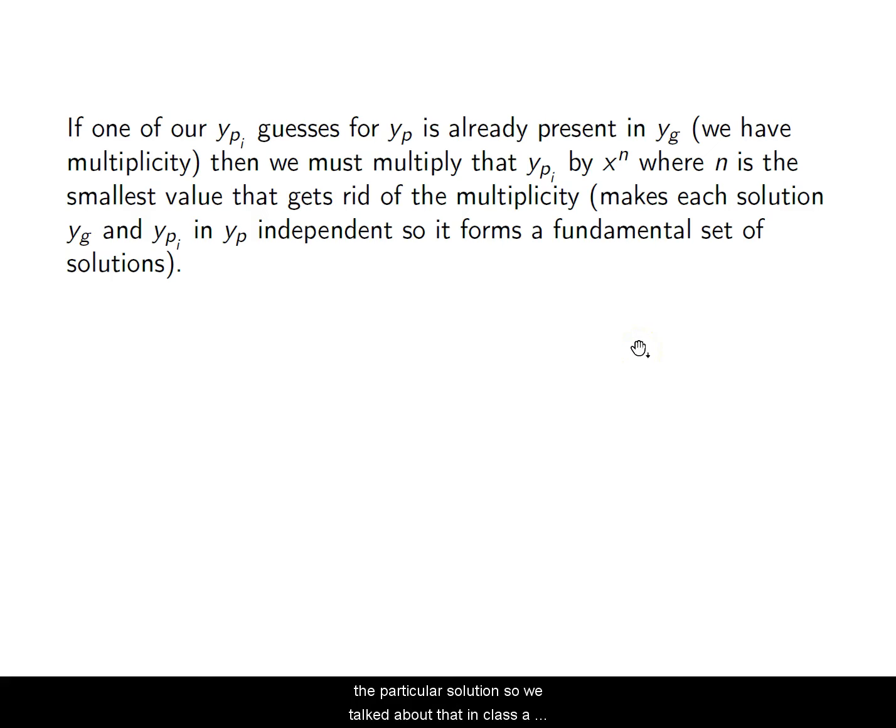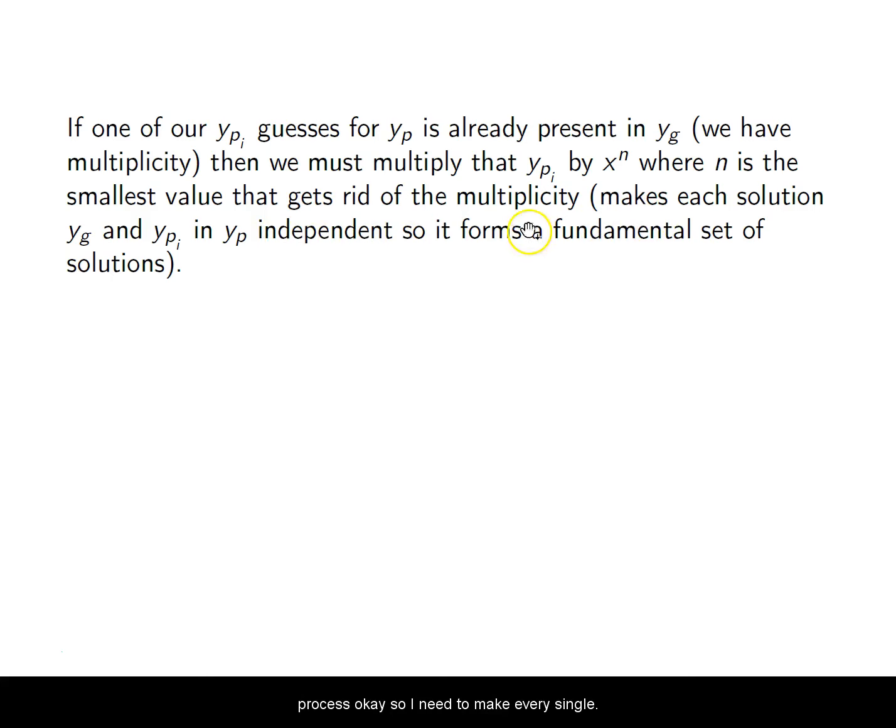So we talked about that in class a little bit, about why my particular solution looks like this if part of this is already in the general solution. I'm not going to repeat it, right? So I need to bump up its power so that it looks different, so that it is not repeated, basically. Okay, so we'll talk about that because the example I do in here, I definitely go through that process.